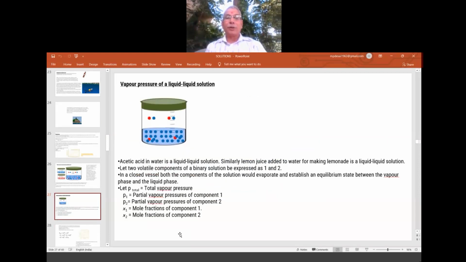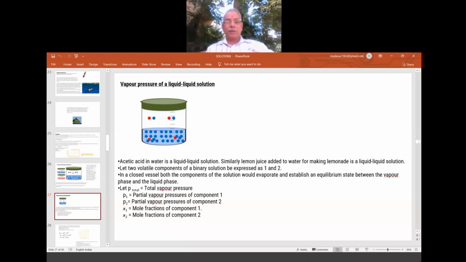Now, vapor pressure of liquid solution. So gas in liquid earlier, liquid in liquid now. Here we will apply the 11th class knowledge, Dalton's law of partial pressure. Then we'll go ahead with this. There are two components, 1 and 2.